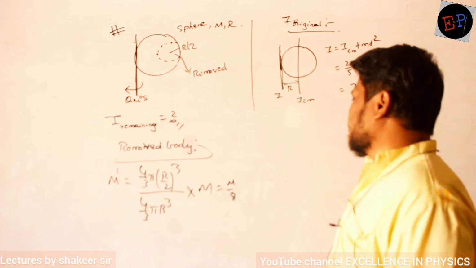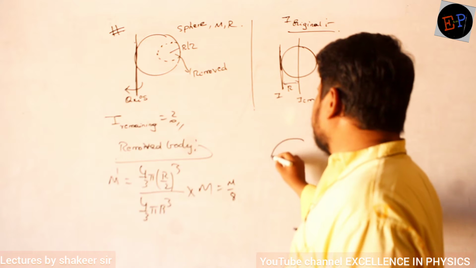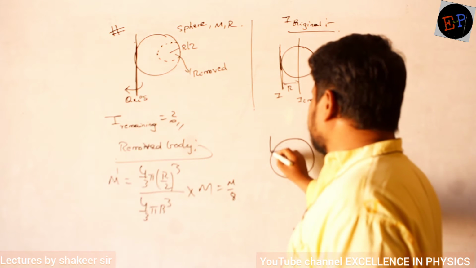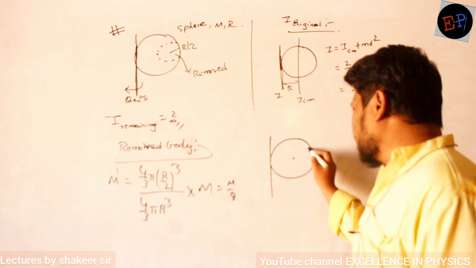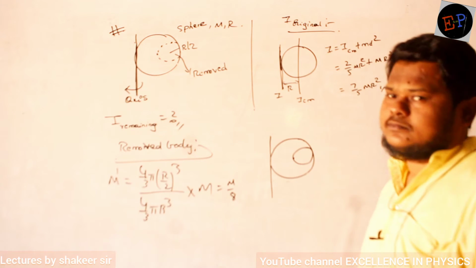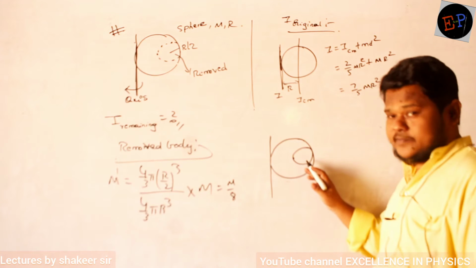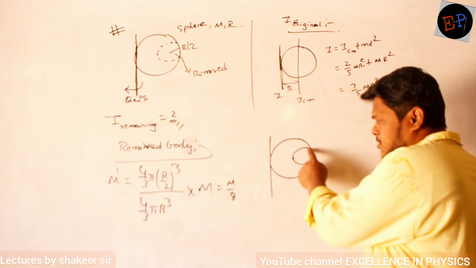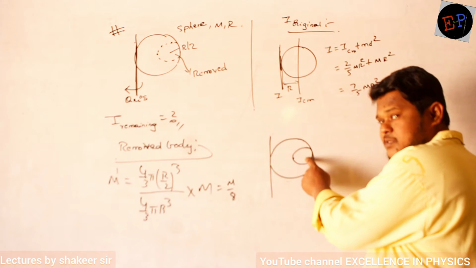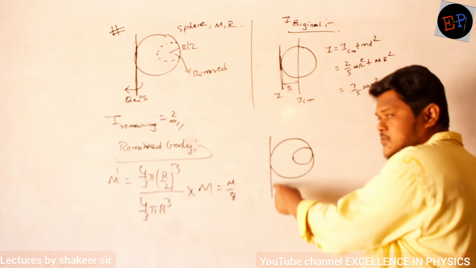Now if you take this original sphere where this is the axis of rotation, the removed body is present here. But what is the moment of inertia of this body? This body was also rotating about which axis? It was also rotating about this axis only, no?